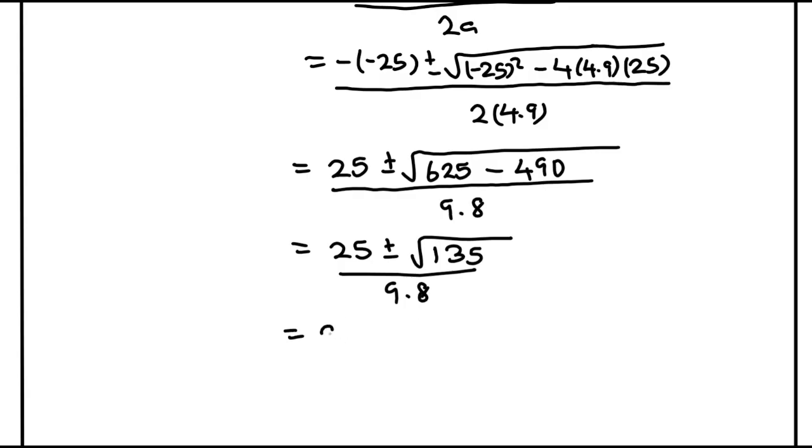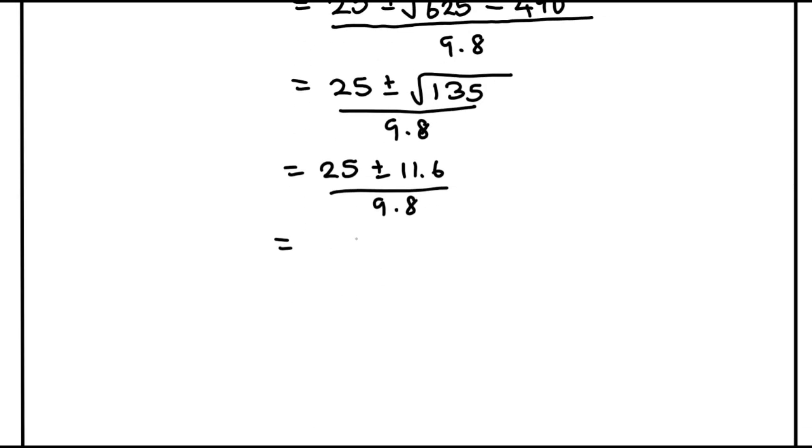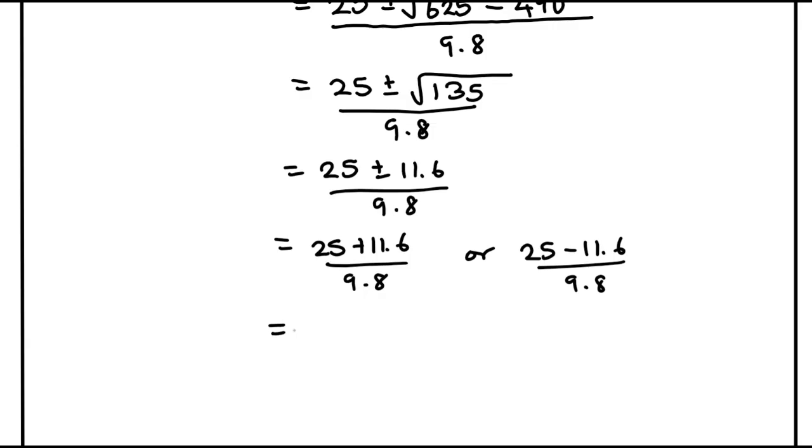This makes it 25 plus or minus 11.6 divided by 9.8, giving us 25 plus 11.6 divided by 9.8, or 25 minus 11.6 divided by 9.8.